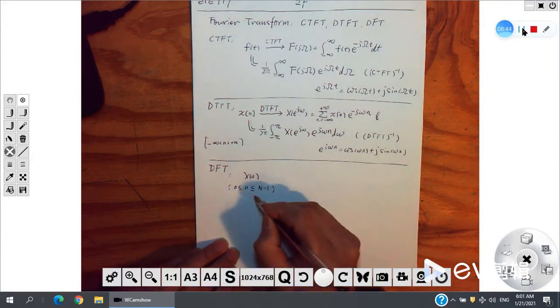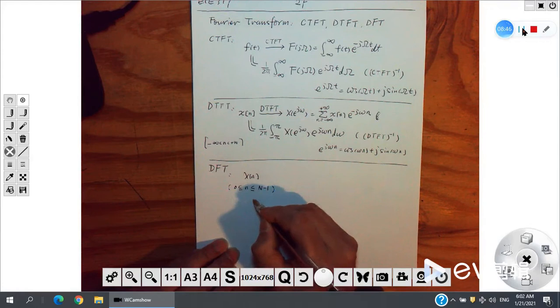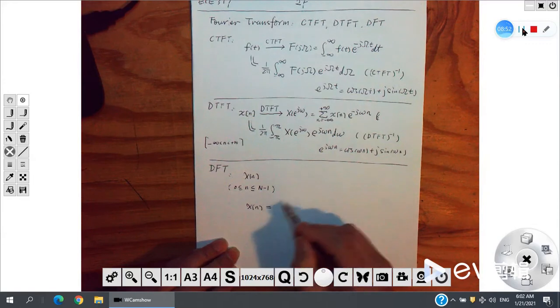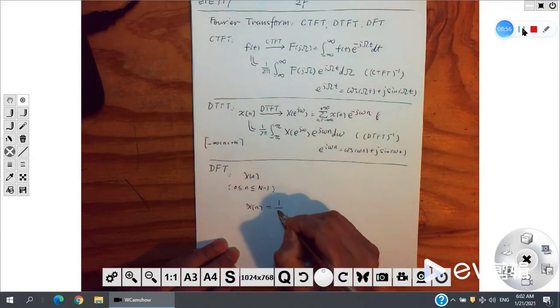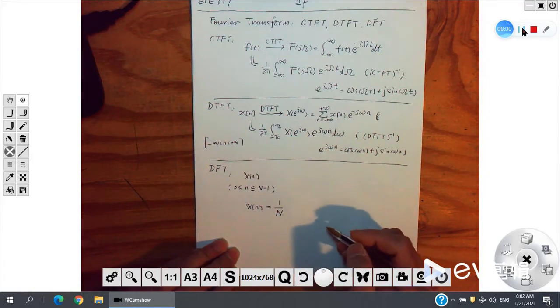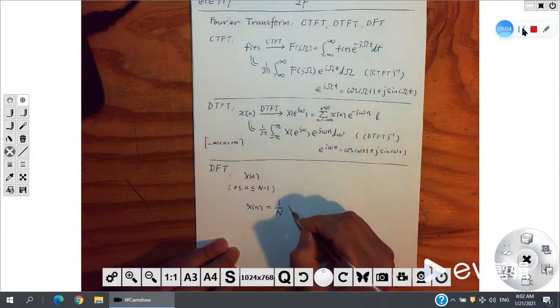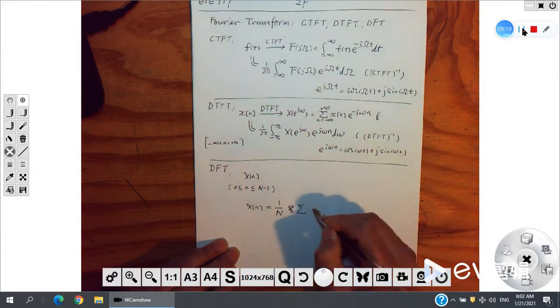And this one we'll write again. x of n, we want to represent it as, now it's not an integral, it's a summation. Summation, 1 over N, not 1 over 2 pi, 1 over N. The integral is now replaced by a summation of some capital X of k.